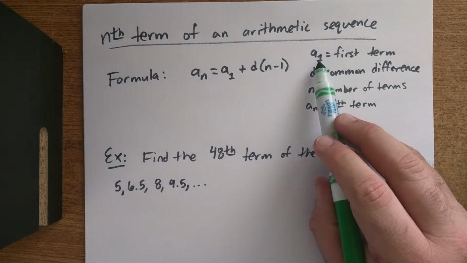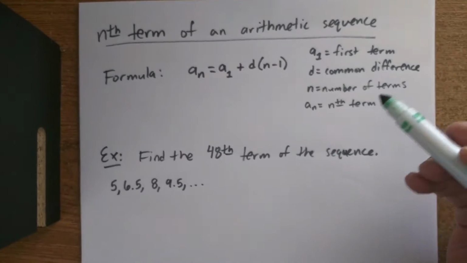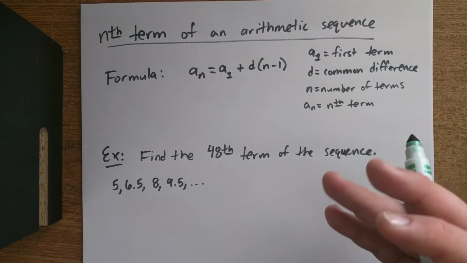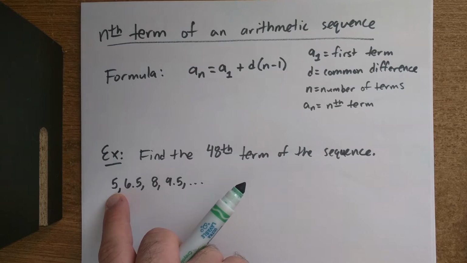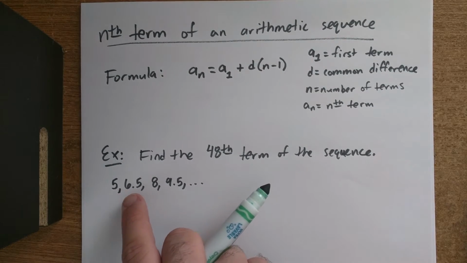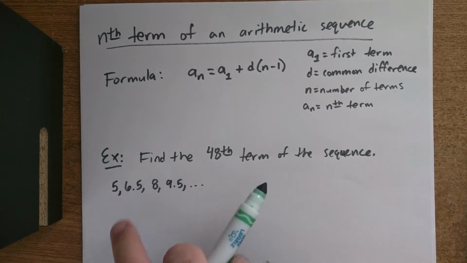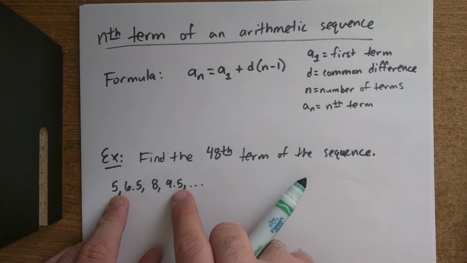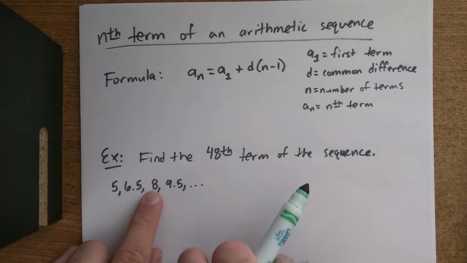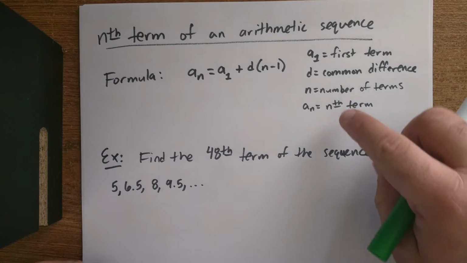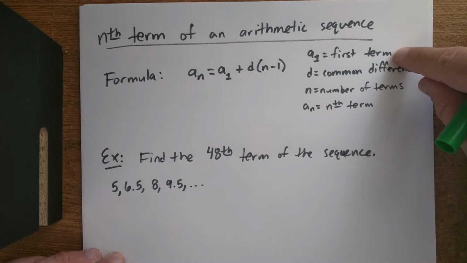So a sub 1 is just your first term, whatever the first number is in your sequence. Like for this example, our first term is 5. So a sub 1 equals 5. A sub 2 would equal 6.5. You could actually label these all with subscript notation: a sub 1 is 5, a sub 2 is 6.5, a sub 3 is 8, and so on. For our purposes, we'll probably just need a sub 1.